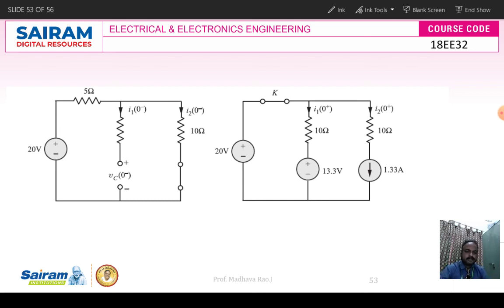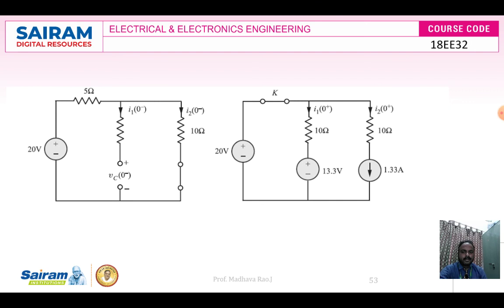Transient analysis problems will be easy if you know the initial and final conditions for the capacitor and inductor, and if you know the method of solving, then this type of problems will be very easy compared to the first module.